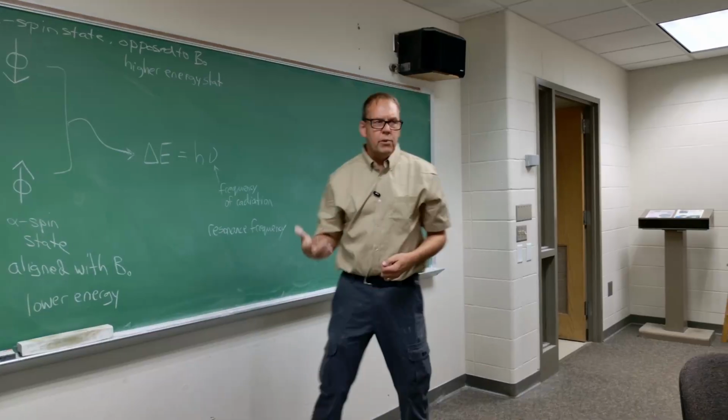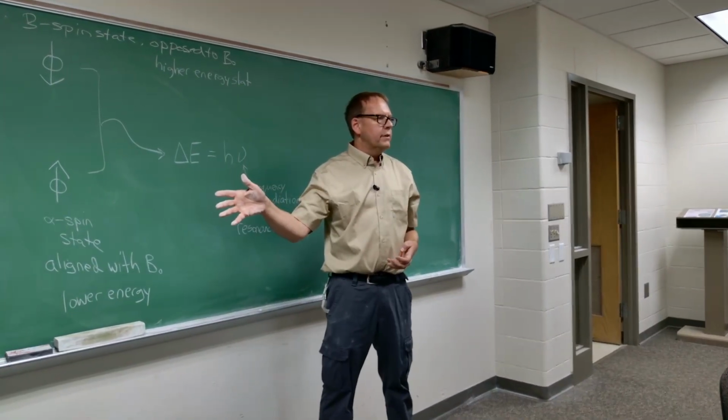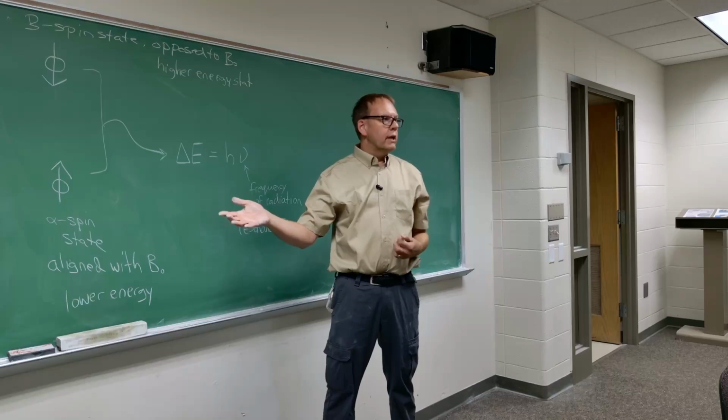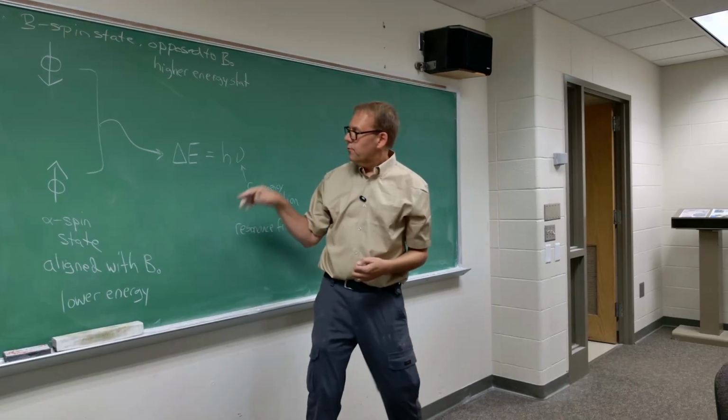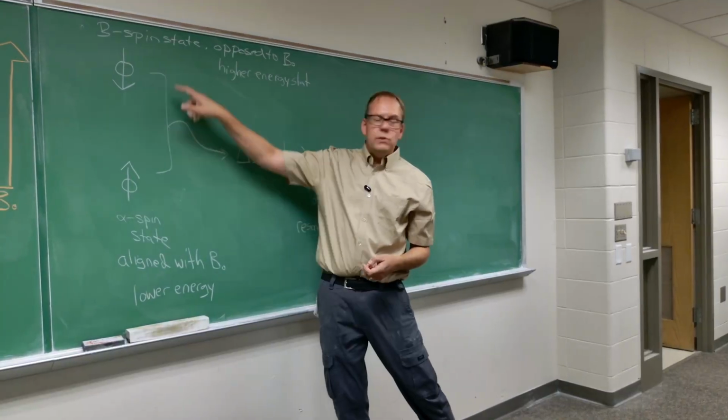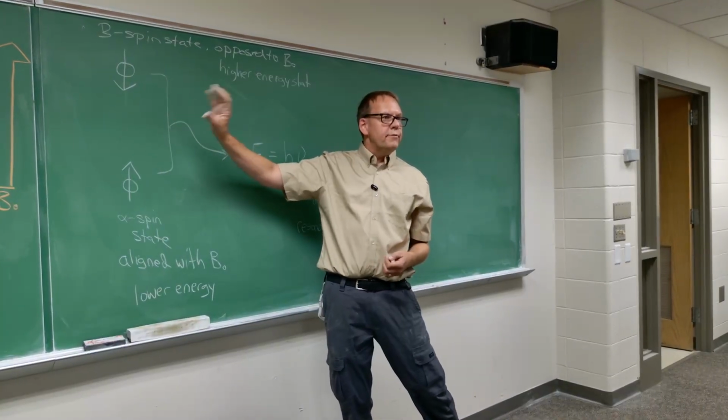So you take protons, you put them in a strong magnetic field, and then you can irradiate them with electromagnetic radiation. And if you get the frequency of the radiation exactly matching the difference in energy between these two spin states, you can cause a flip in spin state.